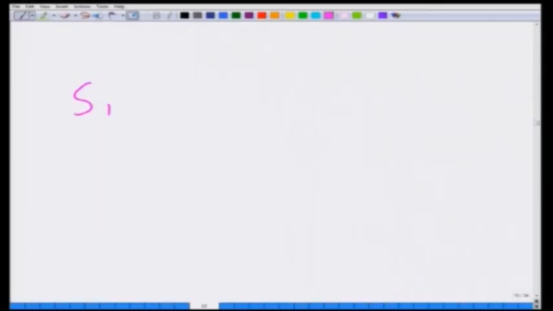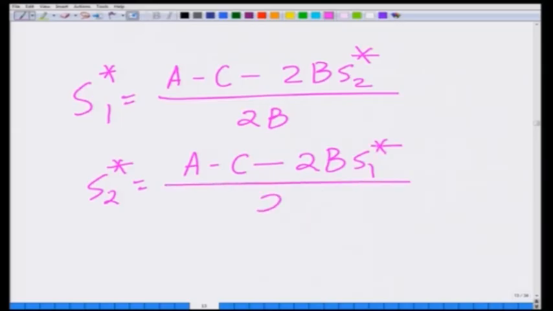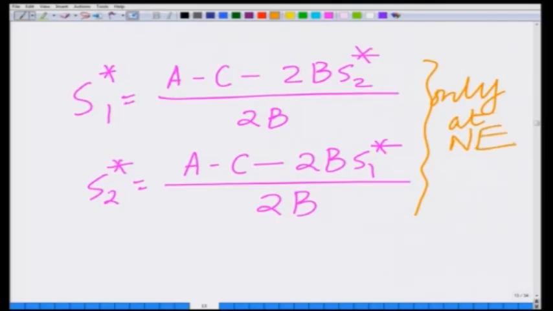Now I can write down the system of equations to solve for the Nash equilibrium as S1 star equals (A minus C minus B S2 star) divided by 2B, and S2 star equals (A minus C minus B S1 star) divided by 2B. This holds true only at NE, since each is playing the best response.